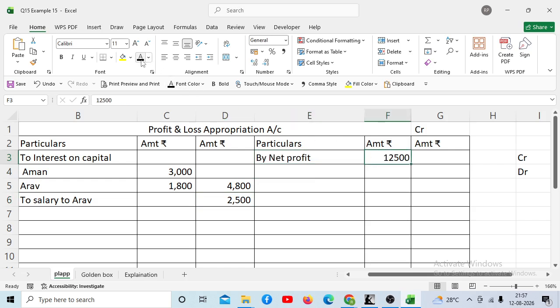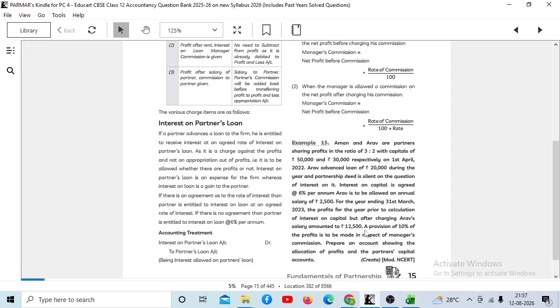inner column. See why I am writing this in the inner column, because here they are telling that the profit for the year prior to calculation of interest on capital, means they had taken out this profit before charging interest on capital. That is fine. But then they are telling, but after charging Arav's salary, means this profit we had removed after charging Arav's salary. So you cannot take the profit after charging Arav's salary, because Arav's salary is not a charge, it is appropriation.